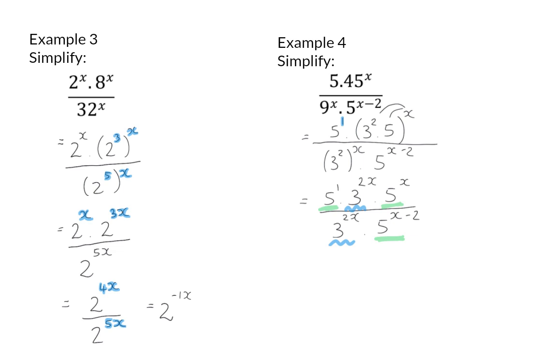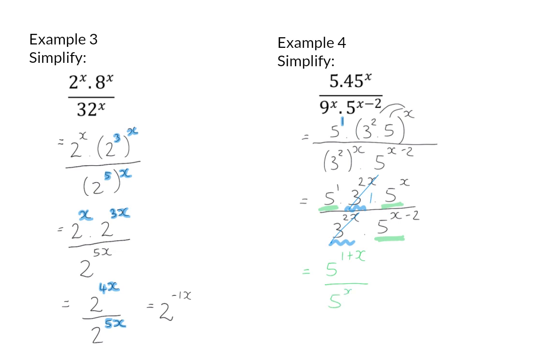If I focus on the base of 3, you will see that in both the numerator and denominator we have exactly the same exponent. And anything divided by itself is 1. For the base number of 5, I'm first going to simplify the numerator, and when multiplying the same bases, we add our exponents.